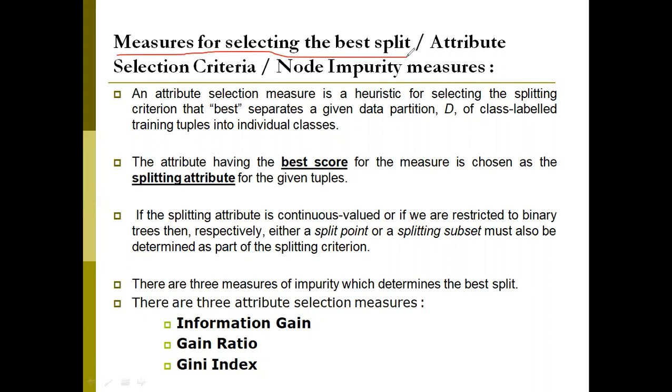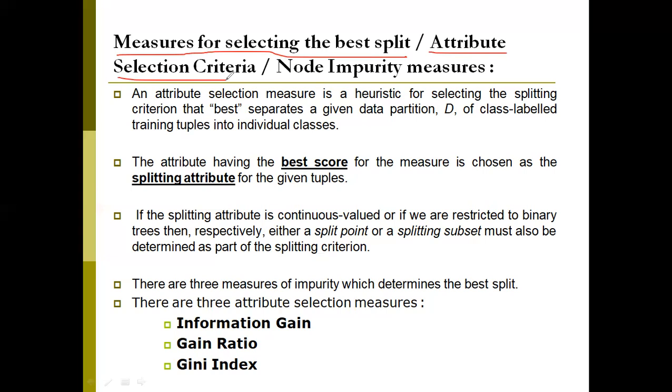Here we are going to measure in this class. You may call this particular topic, measures for selecting the best split, also attribute selection criteria. In real time, a data set may have multiple attributes.